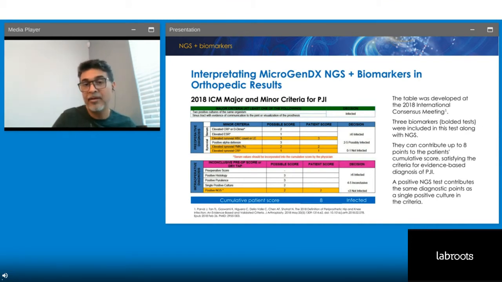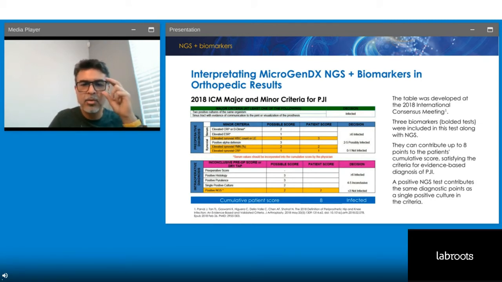Is this a real infection or not? Did the organism present come from a good quality sample, translated with a call by the NGS but also with positive biomarkers? Or the organisms present on the NGS are significant, but the biomarkers are negative.